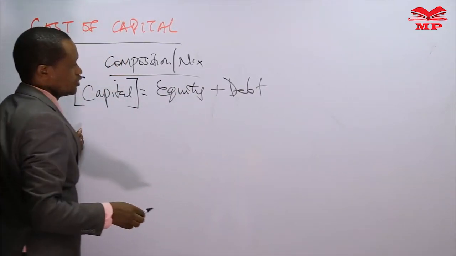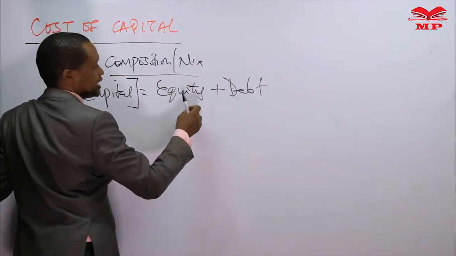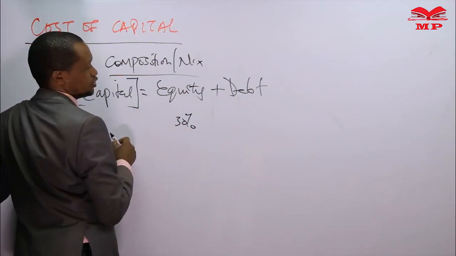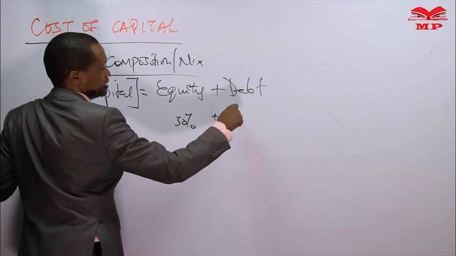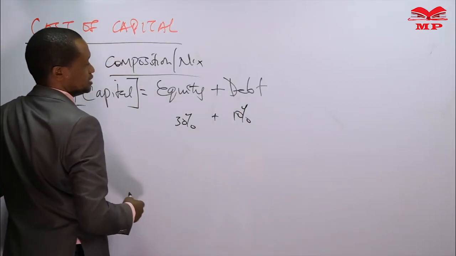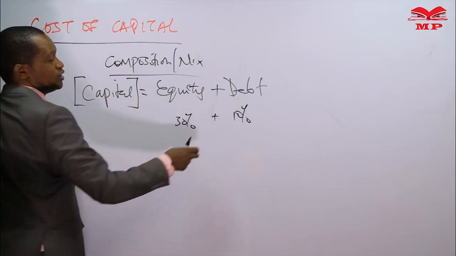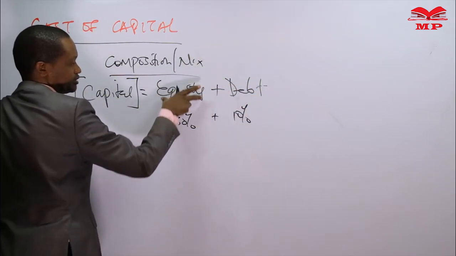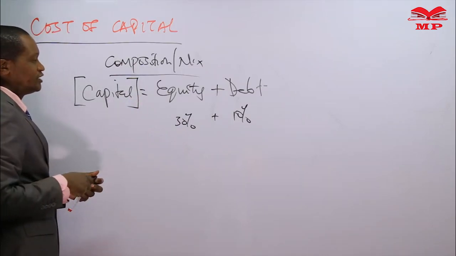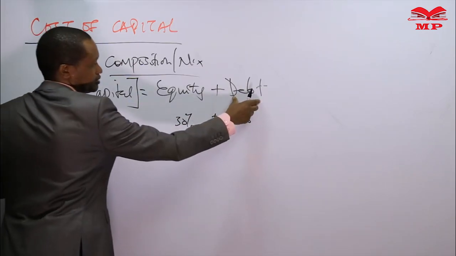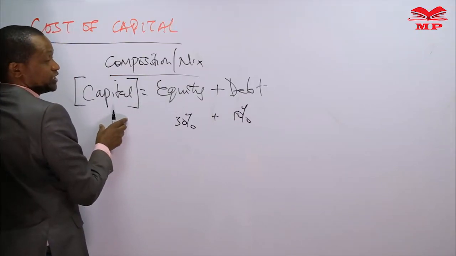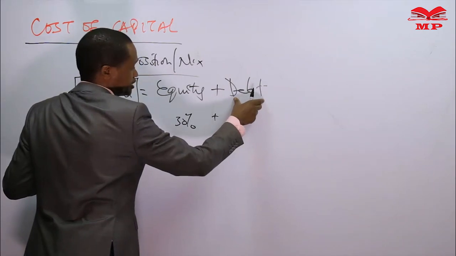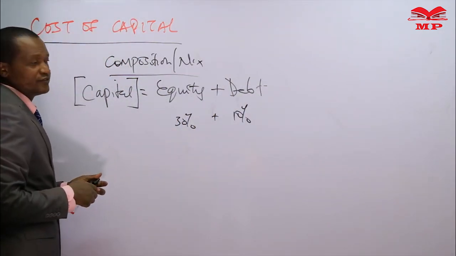So that if the cost of obtaining equity is higher, say 30%, and the cost of obtaining debt is 10%, then it would be advisable to have more debt within the firm than equity. If it is cheaper to obtain capital through debt, then the finance manager would advise to have more debt within the capital structure than equity, and vice versa.